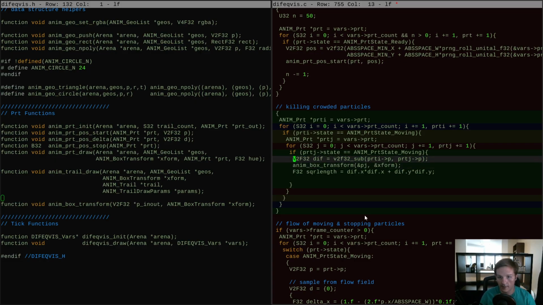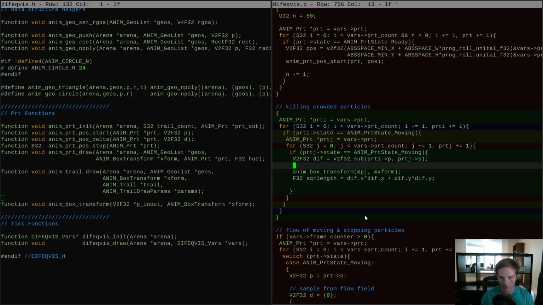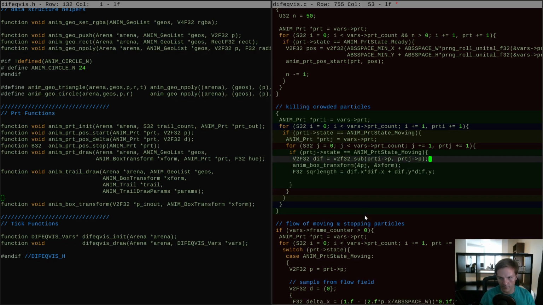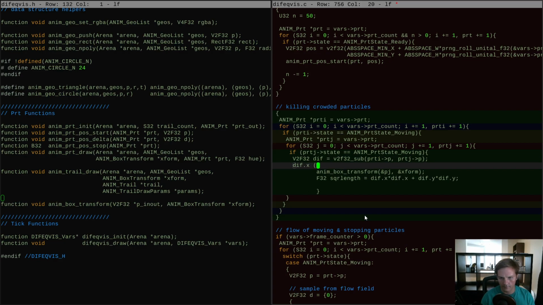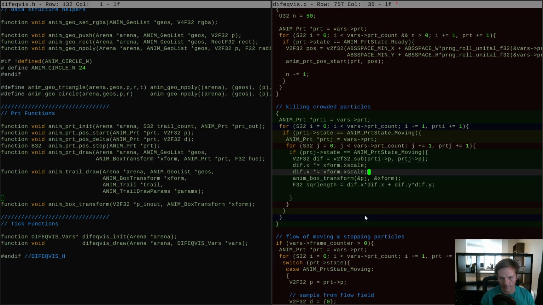We want to apply just the scale part. X form, X scale, Y scale. Right, we don't care about the absolute position of something like a distance vector, but we want to scale up the X and Y according to the box transform. Yeah, that makes sense. And then take the squared length.